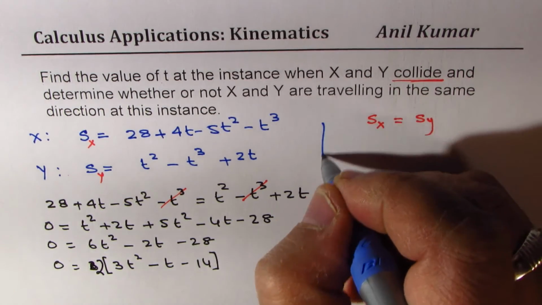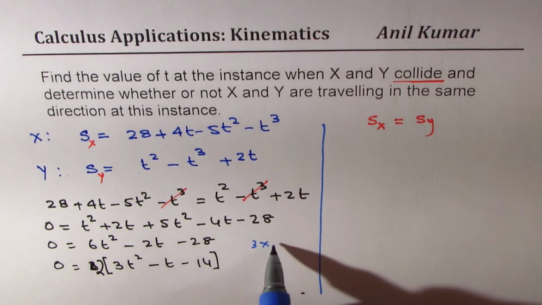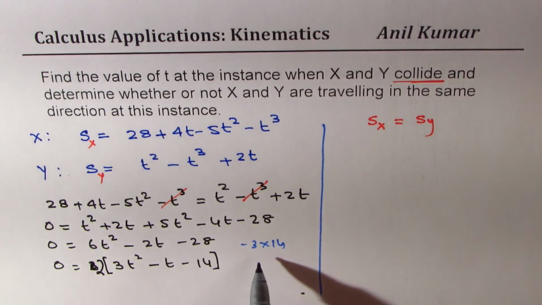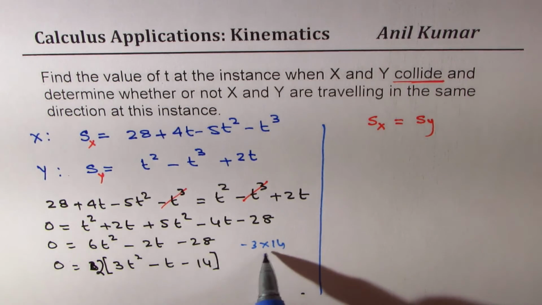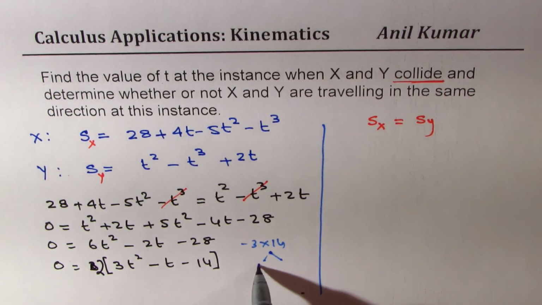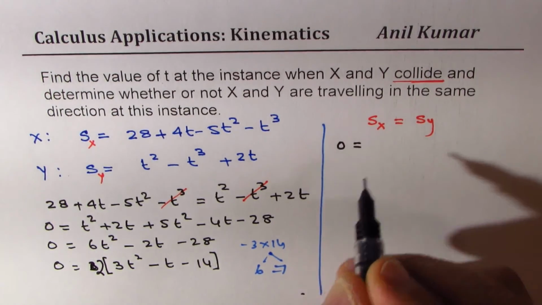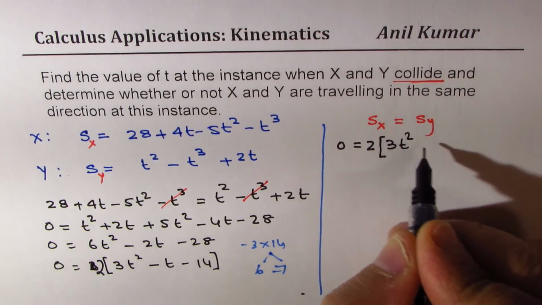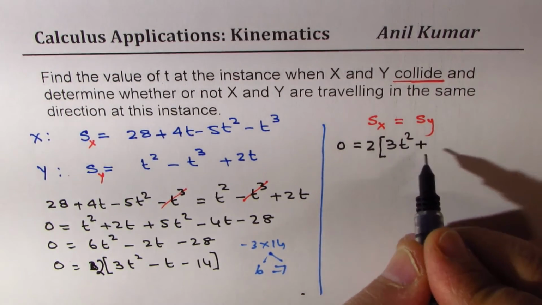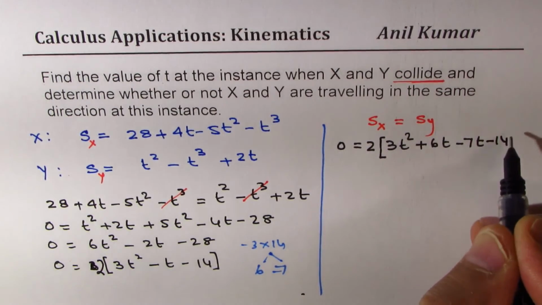As far as sum and product is concerned, we're working with 3 times 14 with a negative sign, which is 42. So 42 is 6 times 7, right? 6 times 7 and 7 being bigger number, negative. So we could write this as 0 equals to twice 3t square plus 6t minus 7t minus 14.